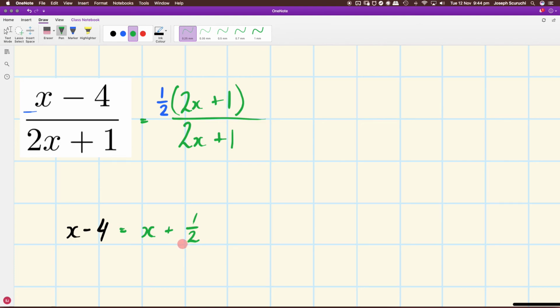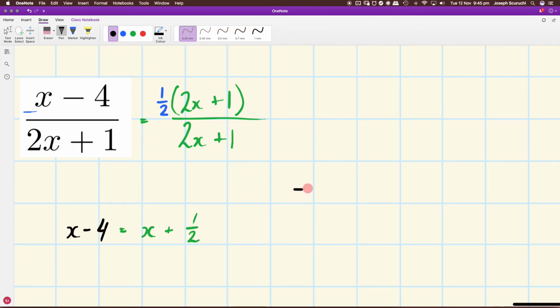So now I'm in the situation where I have negative 4 and plus 1/2. I want this 1/2 to become this negative 4. How am I going to do that? So let me write out in maths what I want.